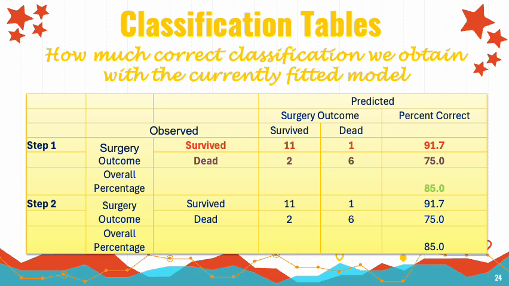In step 2, we removed the variable of gender from the equation and looked only at weight in predicting outcomes. Notice that our values all stayed the same. This is an extreme example of the minimal impact of gender on surgery survival. But overall, this classification table provides us with a better understanding of the use of weight as a predictor of surgery outcomes.